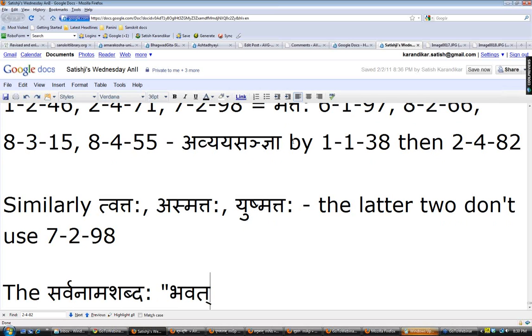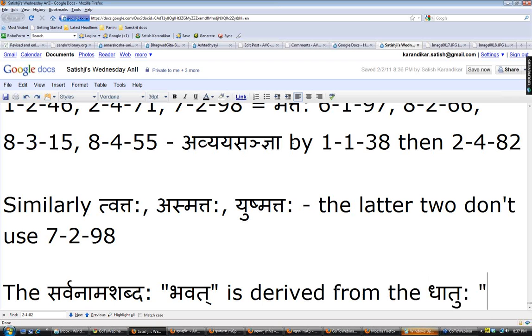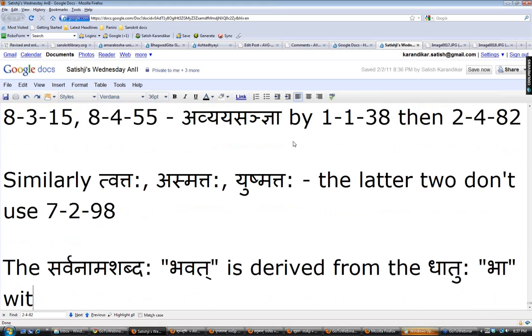This is the second last member of the Sarvadini Sarvanama. It's the second last one in that list. So it is derived from the Bha dhatu, Dhatu Bha Deepto, with the Pratyaya Davatu.